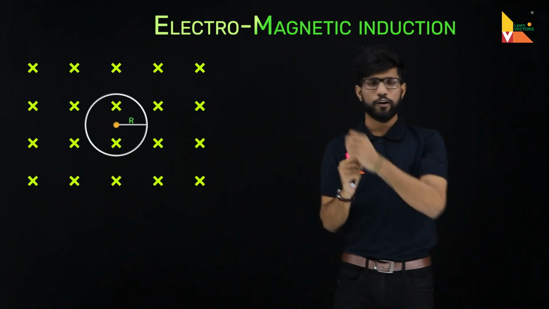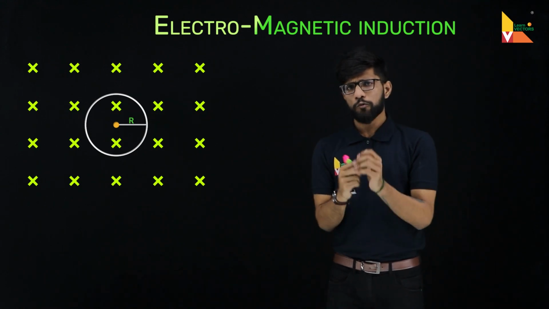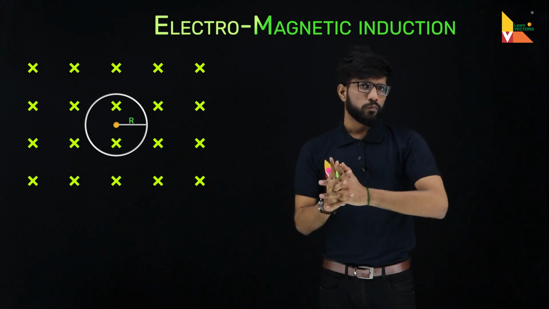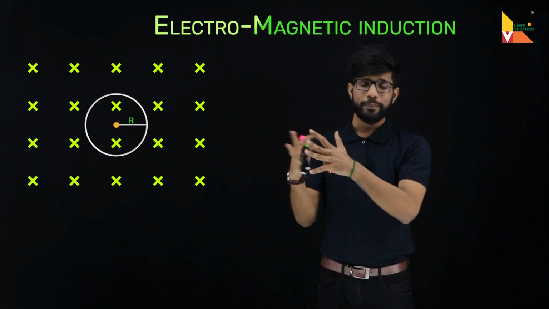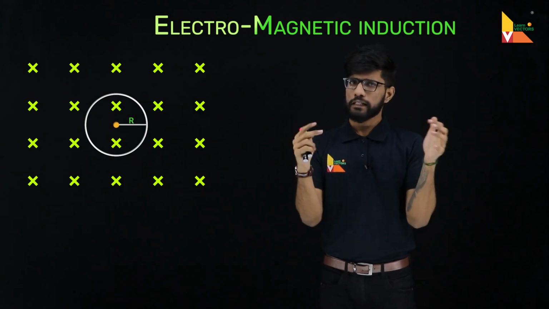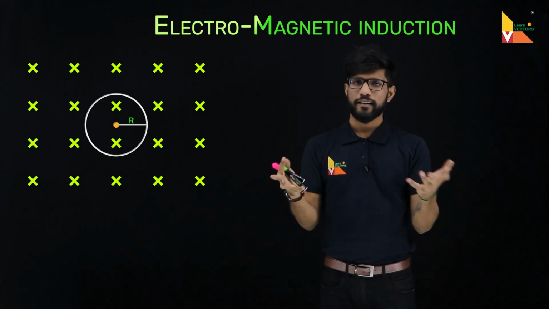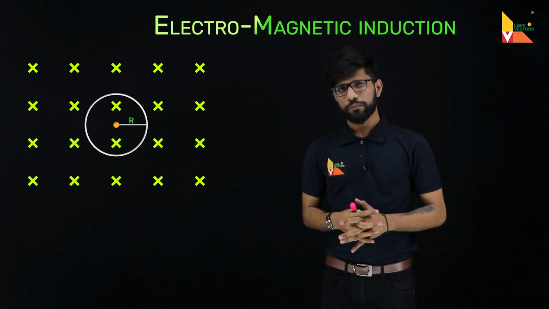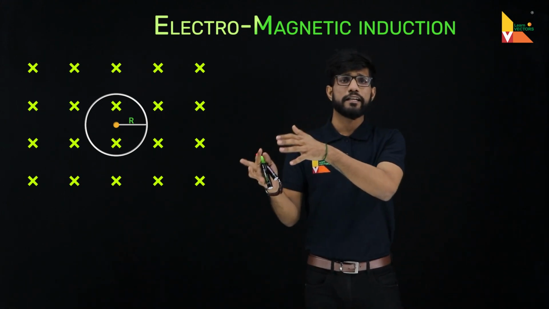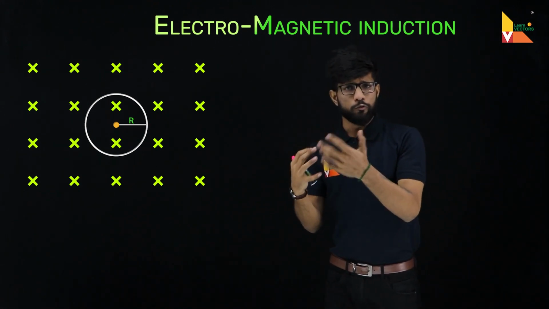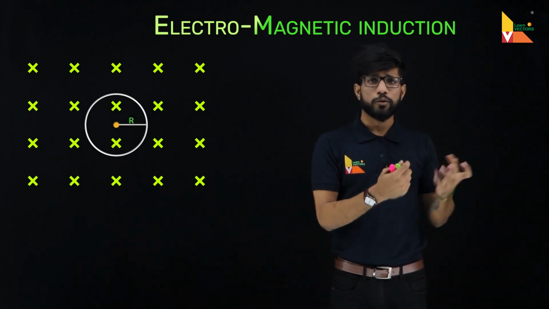Now our second observation, right? I have kept the same loop of radius r in some magnetic field. Now I am not changing the magnetic field, I am not changing anything, so you can say the current is 0. But I am changing the radius of the loop.